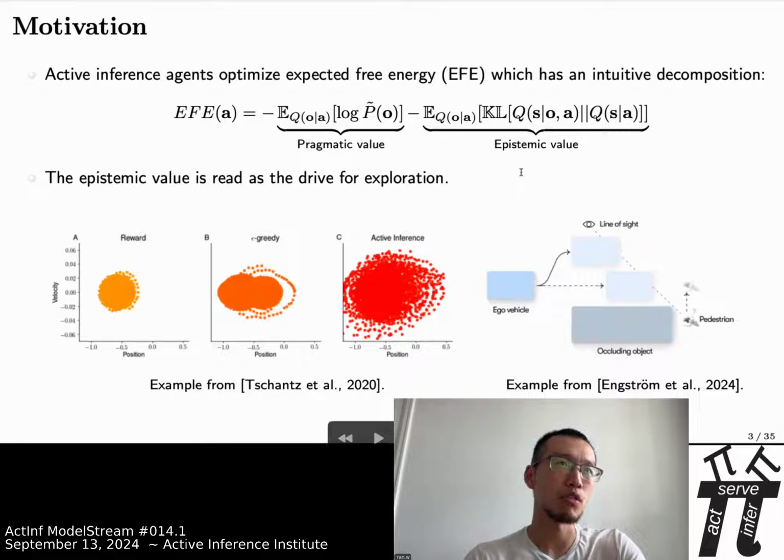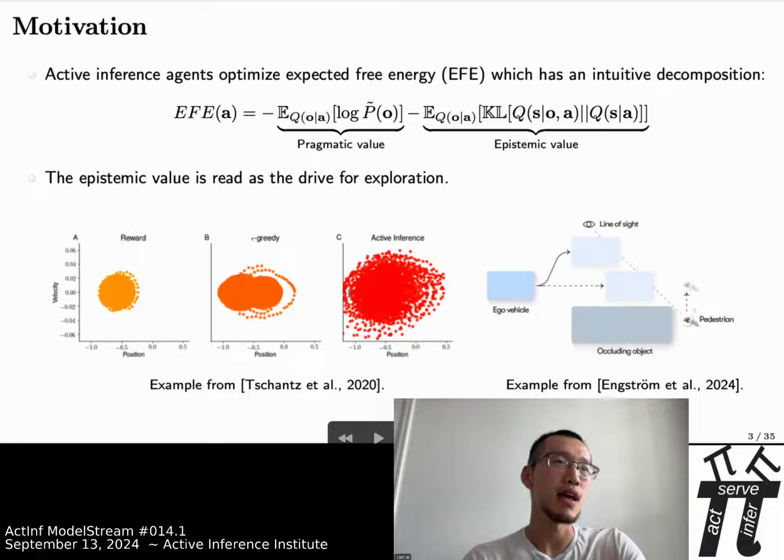Experimentally, people have found that optimizing this objective led to some very interesting behavior. On the left-hand side, we have an example from one of Alex's papers where he compared the state coverage of reward-maximizing agents versus active inference agents in a simple environment called the mountain car, where the state of the agent is represented by its position and velocity.